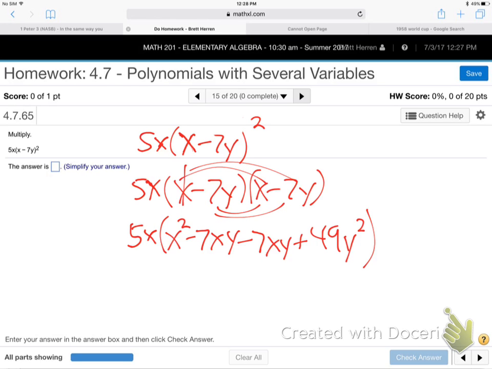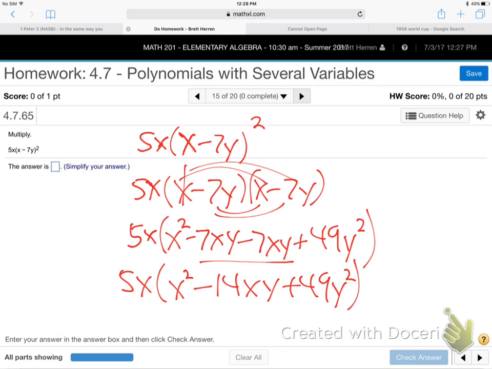And now these two are like terms, right? We can put them together. Make minus 14xy. We don't do any powers right there because we're just adding and subtracting. Now distribute the 5x, right? I did all the parentheses, cleaned them up as much as I could. Now let that 5x from the front multiply through.